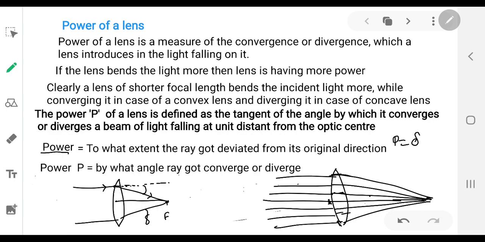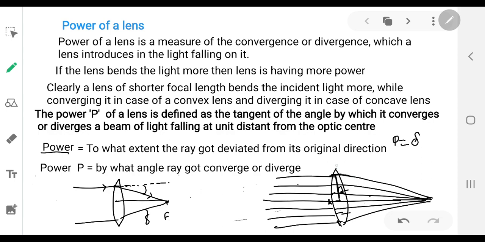So what we'll do? We'll consider a standard reference, that is deviation occurred in a ray which is at a unit distance from the optic center.